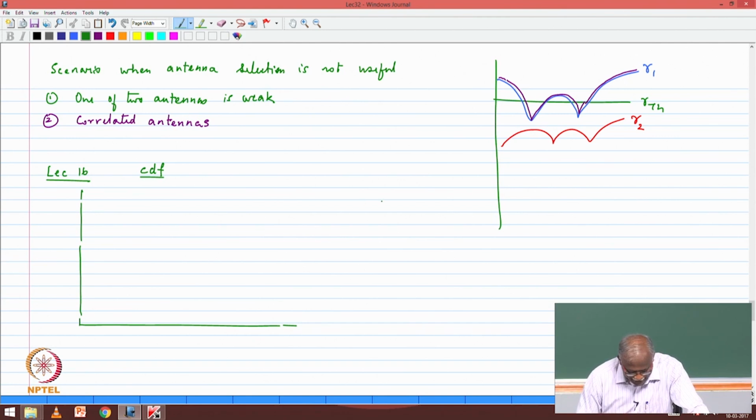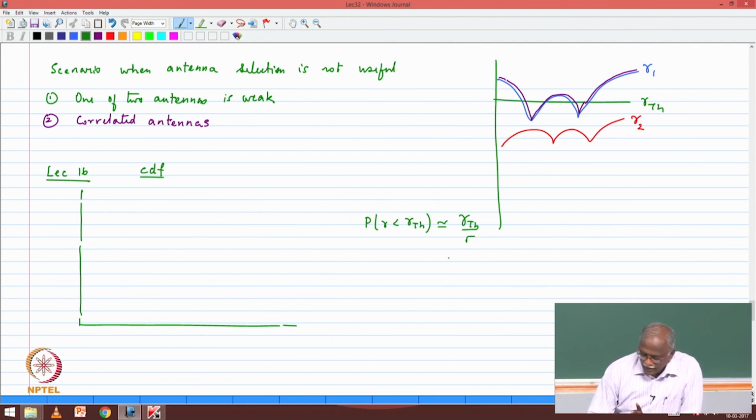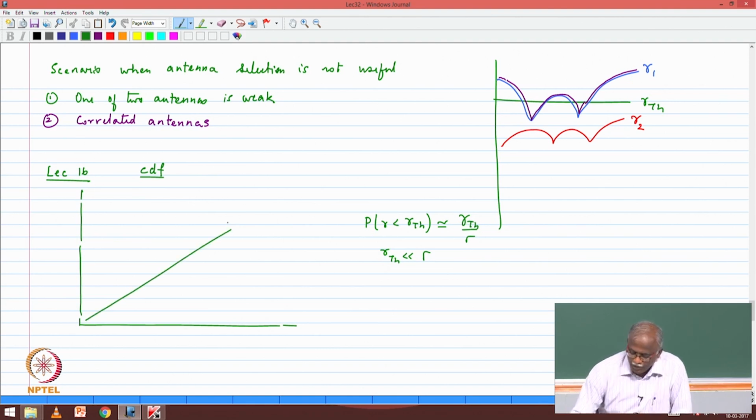The probability that gamma is less than gamma threshold is gamma threshold by gamma, as we have just shown. Whenever gamma threshold is much less than gamma, the CDF is more or less linear. When you plot it on a log scale, you will find that it is linear, and then eventually it will saturate. So, please do look at that graph.